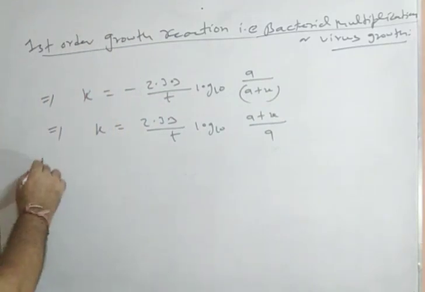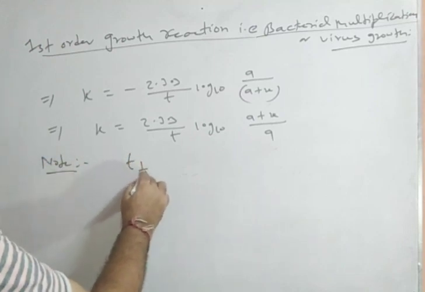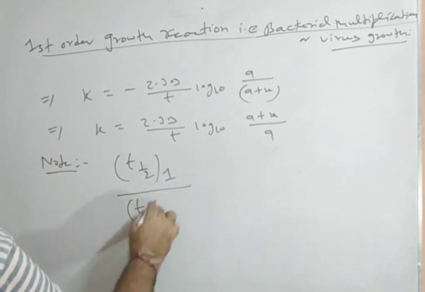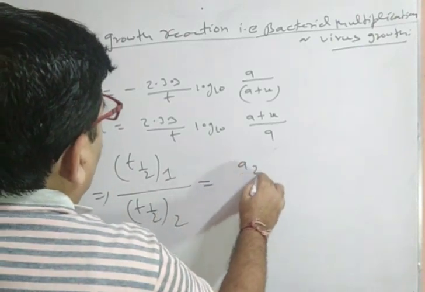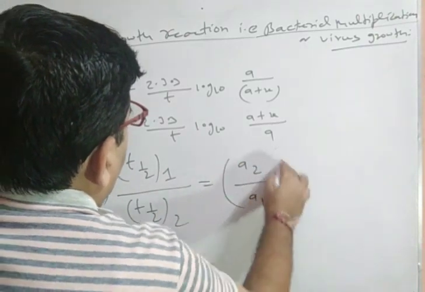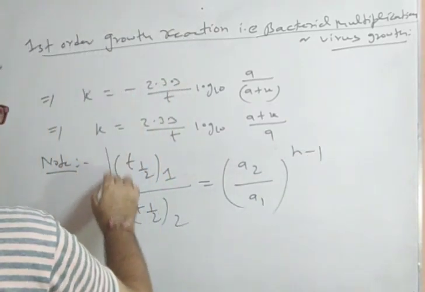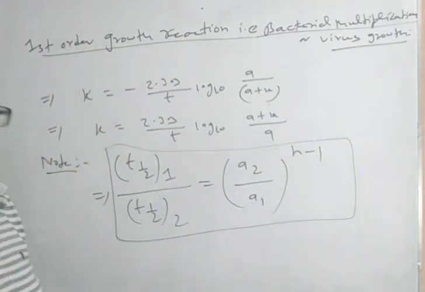Next one, a very important concept: t half first by t half second is equal to a2 by a1 to the power n minus 1. This is the general expression.